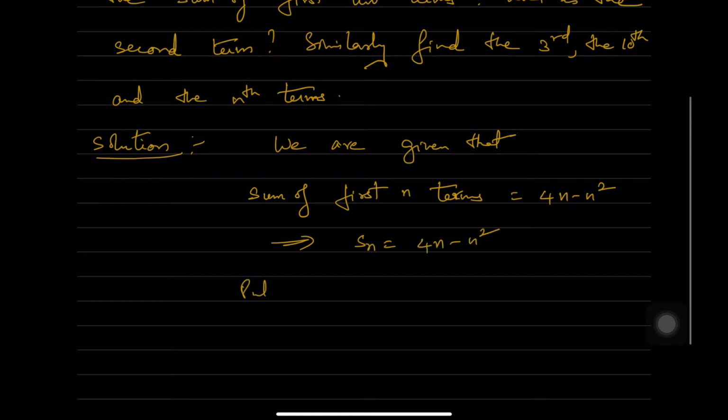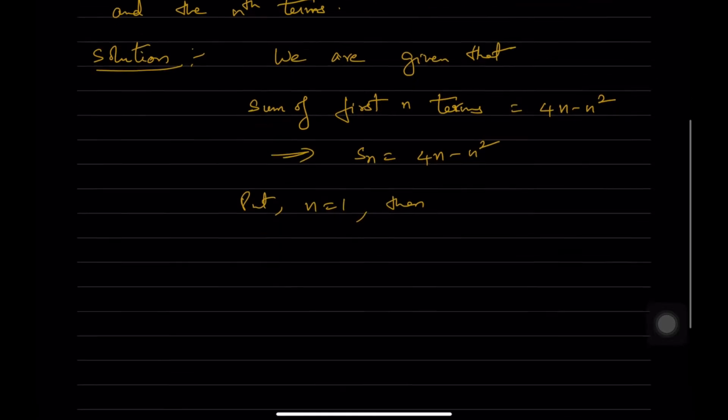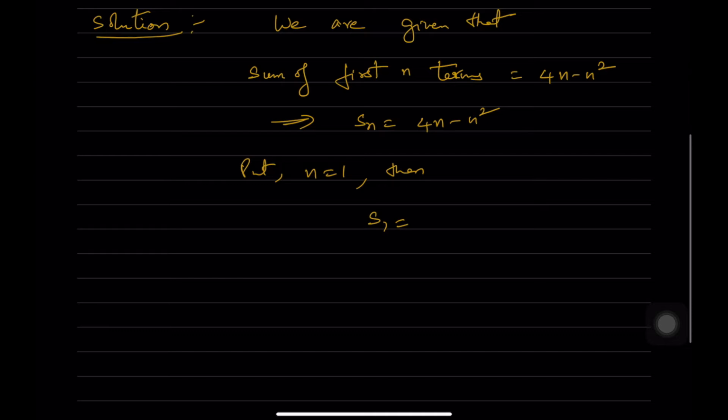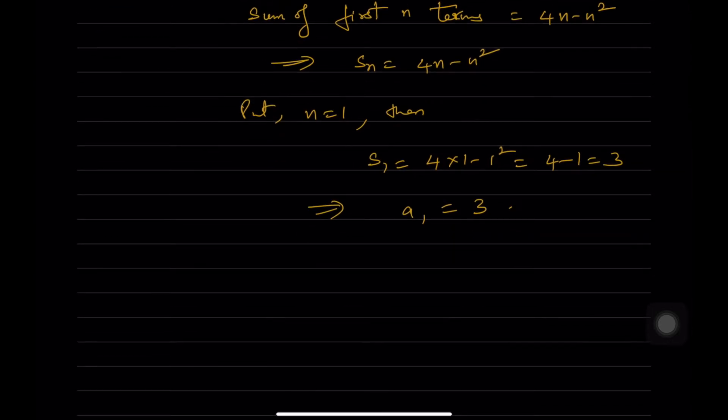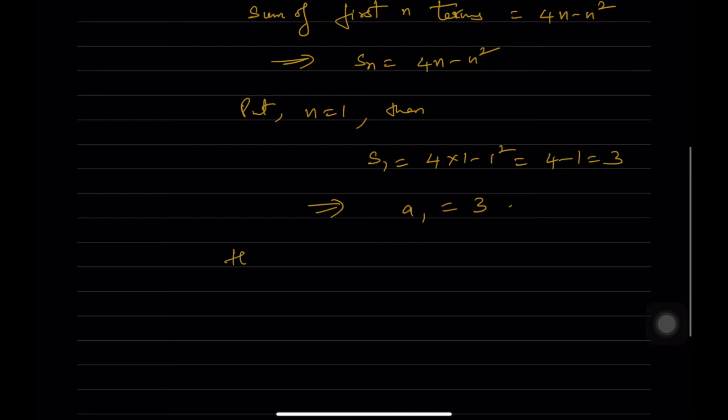Now put n is equal to 1, then S1 is equal to 4 into 1 minus 1 square, which is 4 minus 1, which is equal to 3. So we are having a1 is equal to 3, because sum of first term and the first term will be the same. Hence the first term is 3.